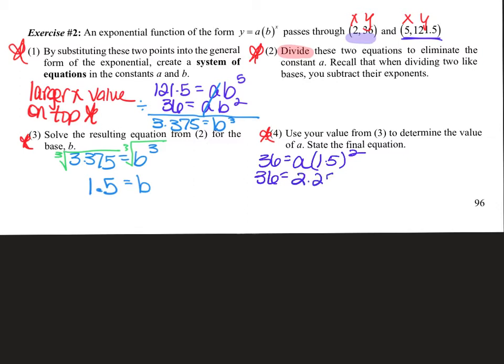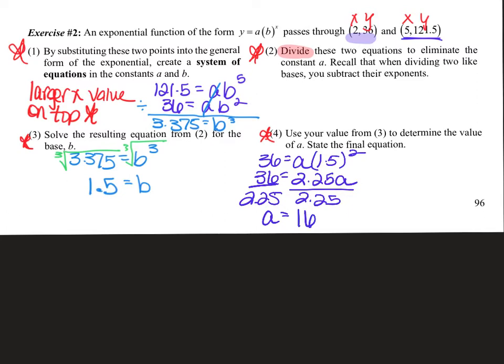And I'm just going to switch the order and put the A second. I haven't changed the value of anything. That's just the way that we're used to seeing it, right? And then I'm going to divide each side by 2.25. On my calculator, I'm going to do 36 divided by 2.25, and that's going to give me 16. Look at that. I got some nice numbers there.